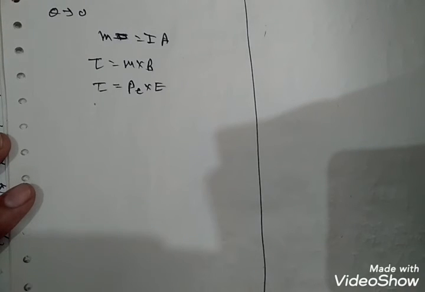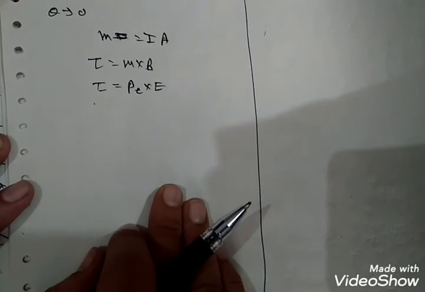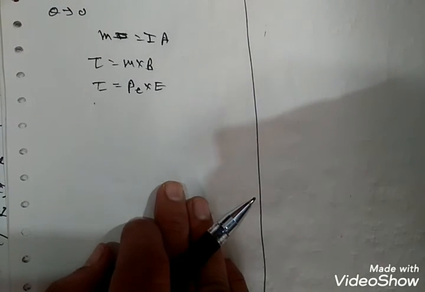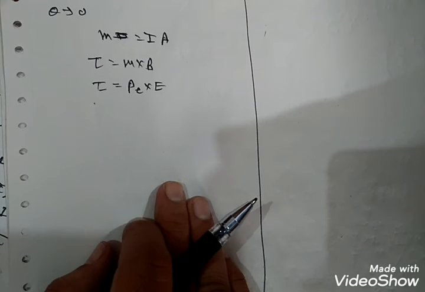When m and B are parallel, the equilibrium is stable, and a small rotation of the coil produces a torque which brings it back to the original position.